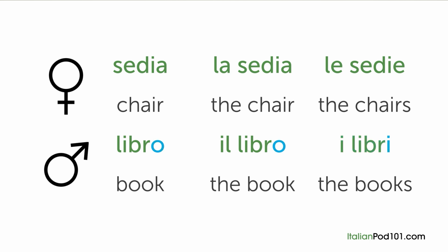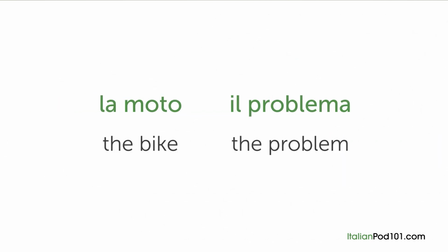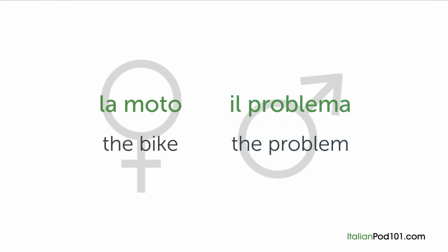The O/I for masculine and A/E for feminine rule doesn't always work though. Most of the time, but not always. There are some exceptions like la moto, meaning the bike, which is feminine, and il problema, meaning the problem, which is actually masculine.